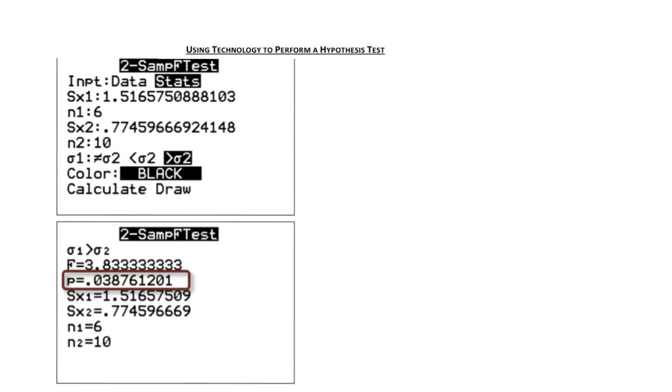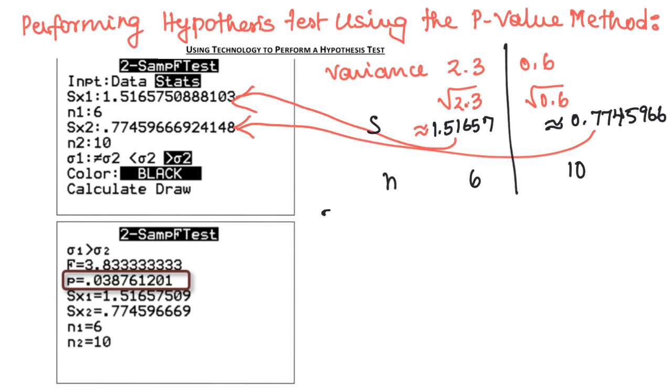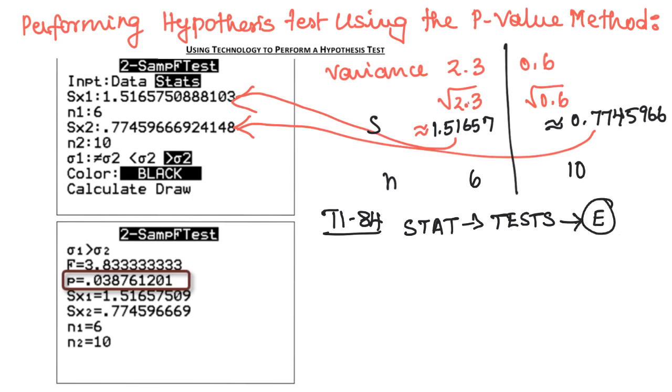We now perform the test for two population standard deviations using the p-value method. We calculate the p-value using the calculator. The variance of each pesticide is given in the problem. Now take the square root of each one, and on the TI-84 calculator, press stat, then test, then option E, that is 2-sample F test.